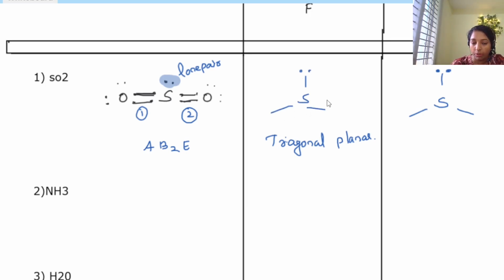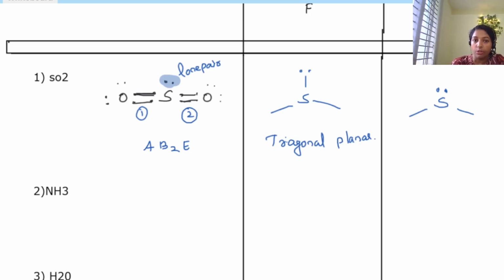Okay, so here lone pair of electrons is there, and this one is our trigonal planar geometry. But here what is the thing? This thing you can hide. Since the effect is there, the bonds will not be shaped in this way, that's not possible. That's what I'm trying to explain. This bond has to be not like this.